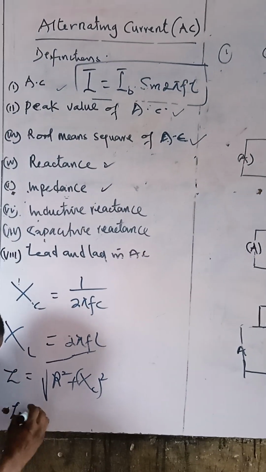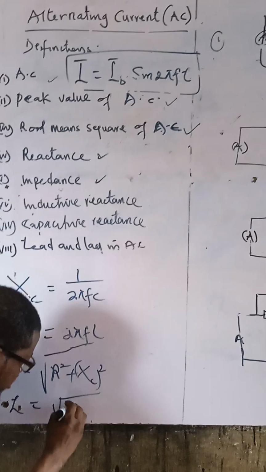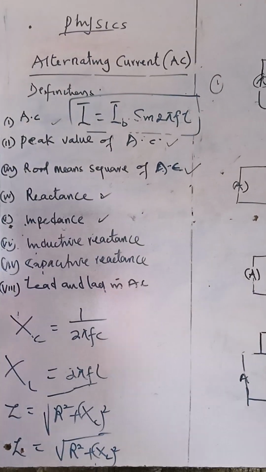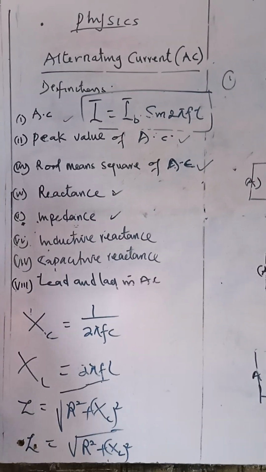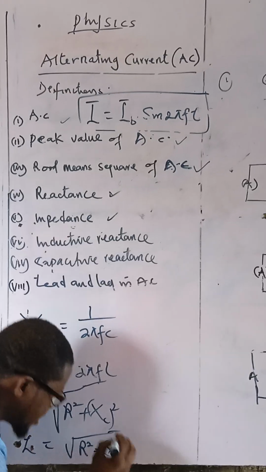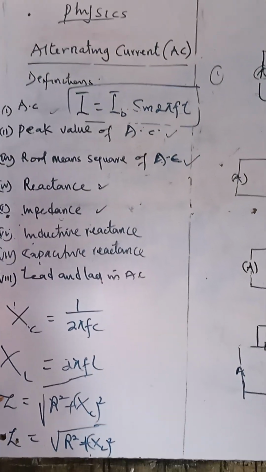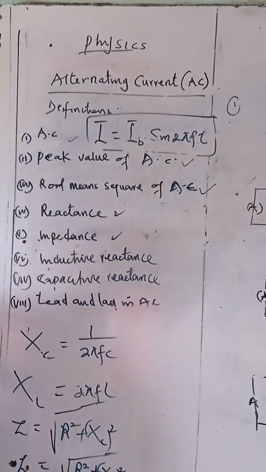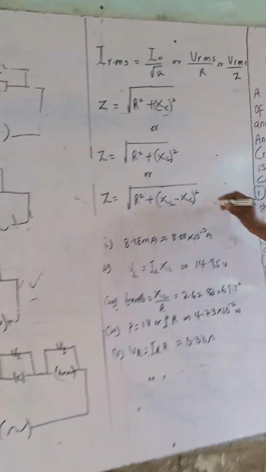Impedance can as well be the square root of R squared plus the square of the inductive reactance, if in the circuit I am using only a resistor and an inductor as regulators. Now, if the three of them are used, then I can have the general formula for impedance.